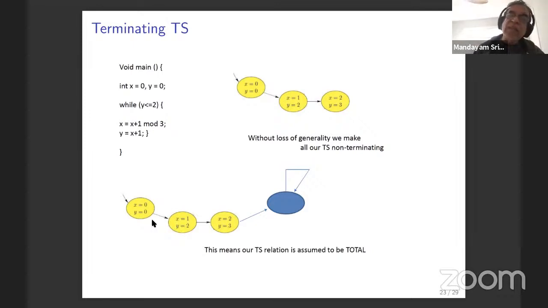Then your domain is not exactly NAT, but it will be bit vectors or something like that, a finite subset of NAT. But in the ideal case, suppose I want to model infinite precision. In reality that may not be there, but you can imagine I don't want to constrain myself to finite states. Or for that matter, if I want to do real numbers.